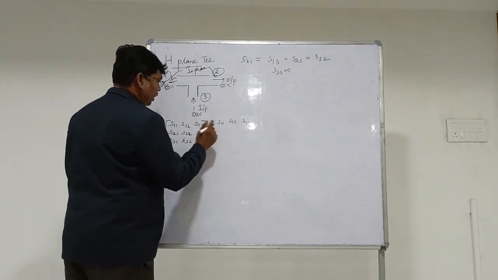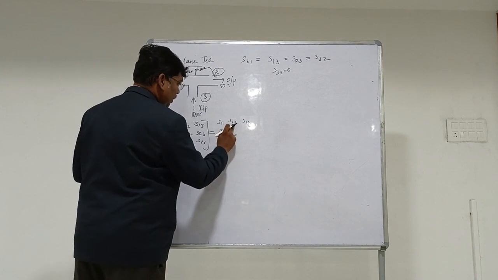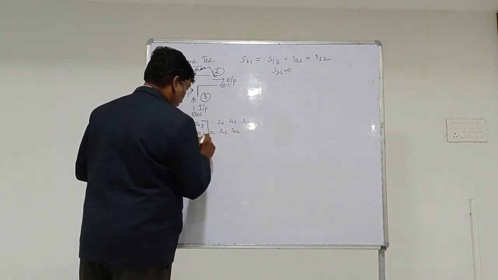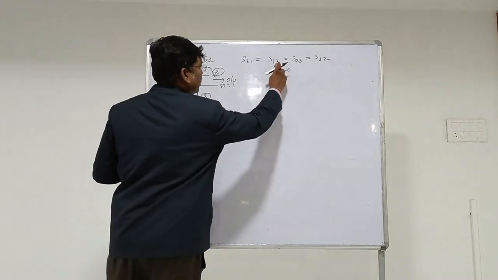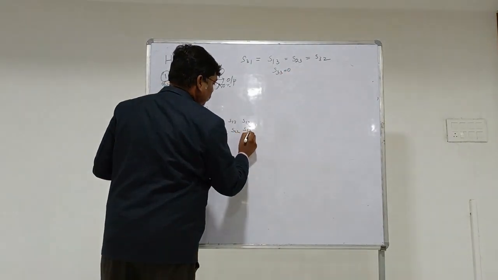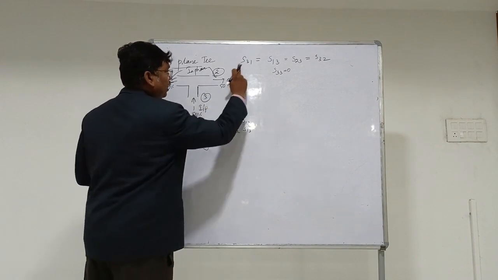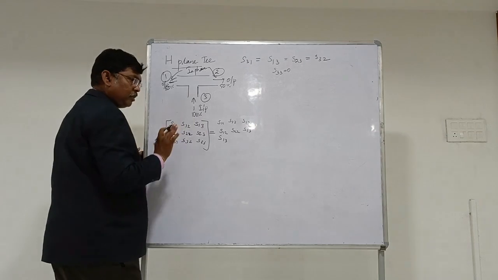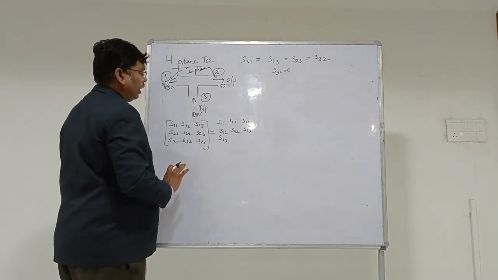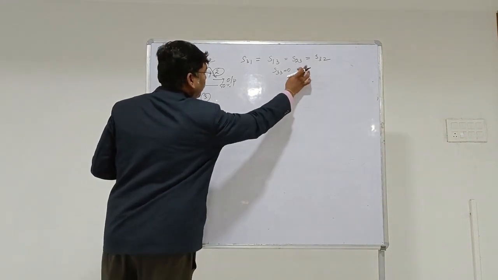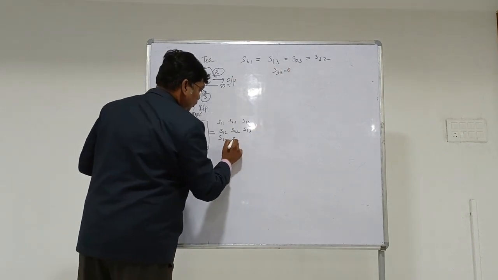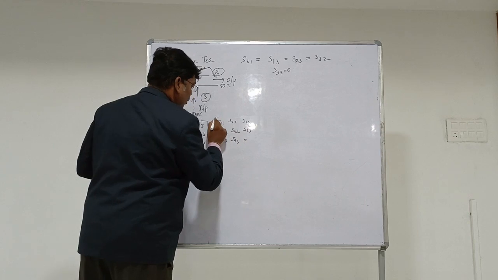S21 can be written as S12 because that is available in row 1. S22 stays as S22. S23 can be written as S13. Then S31 can be written as S13. I am replacing the row 2 and row 3 elements in terms of the row 1 elements. S32 can be written as S23, and this S23 can be written as S13. Then S33 is equal to 0.